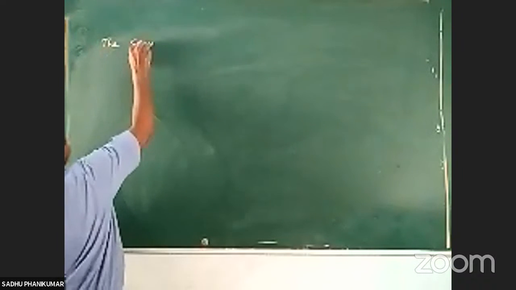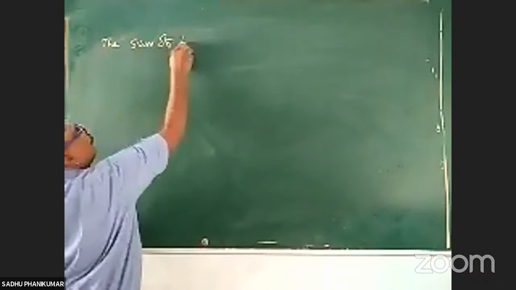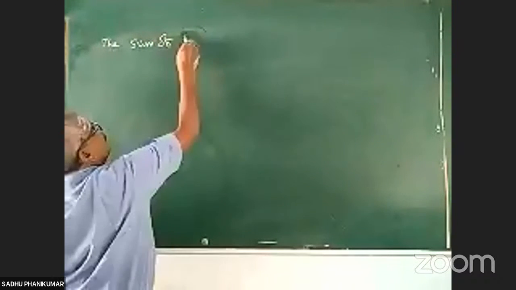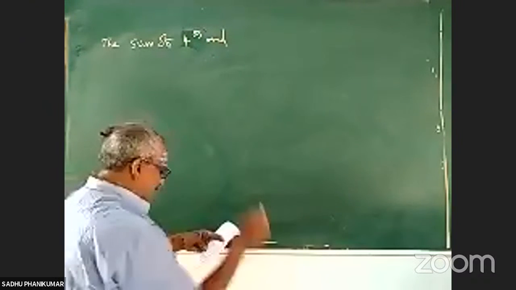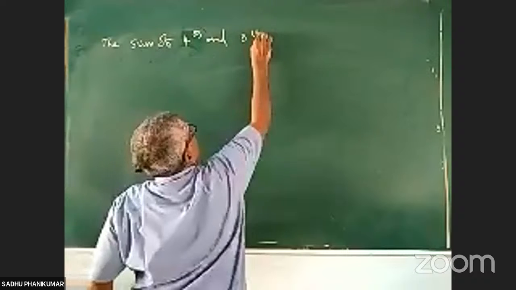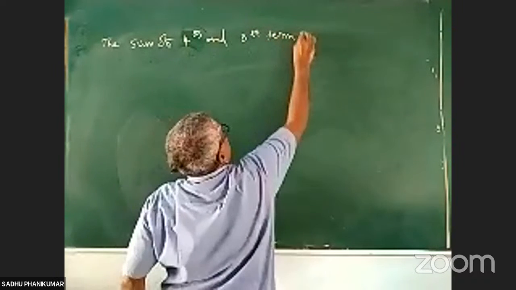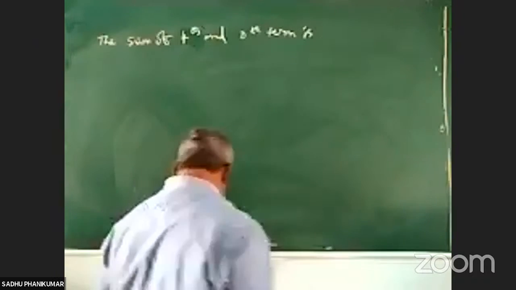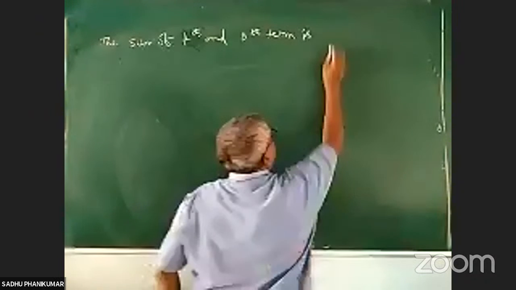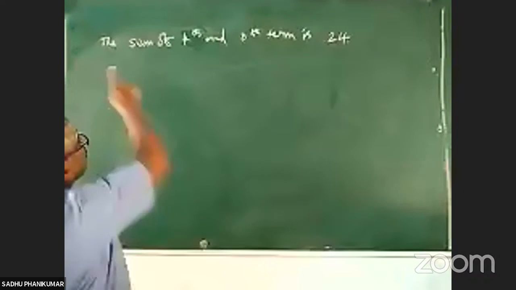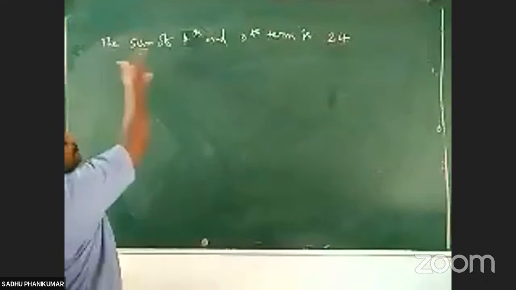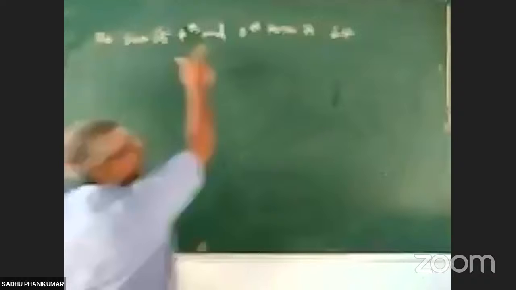This is one more model. In an AP, the sum of the 4th and 8th term is 24.